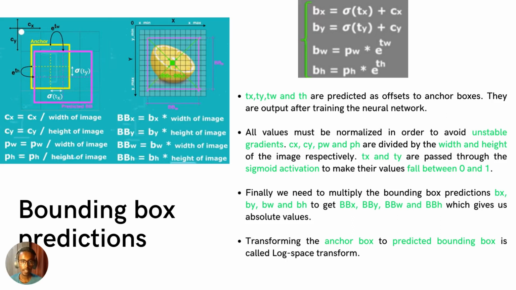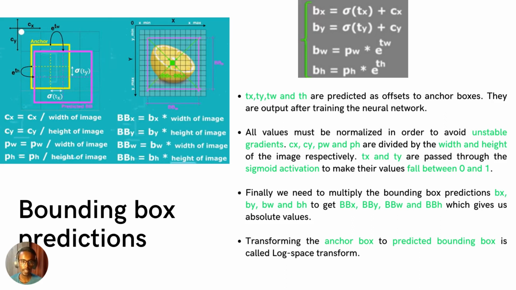When we compute Bx and By, we're going to pass the Tx and Ty inside a sigmoid activation function, and we're going to add the offset from the top left corner of the image, because the grid cell is in a different position from the top left corner of the image, so we have to add the offsets. And these Cx and Cy values are already normalized, so we need to normalize the Tx and Ty values as well before we add them together in order to find the coordinates for the bounding box.